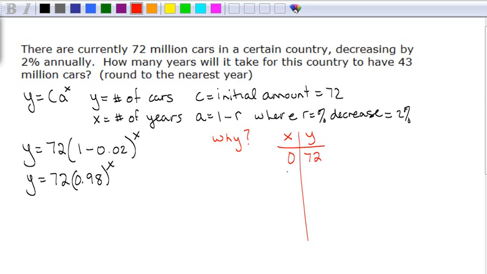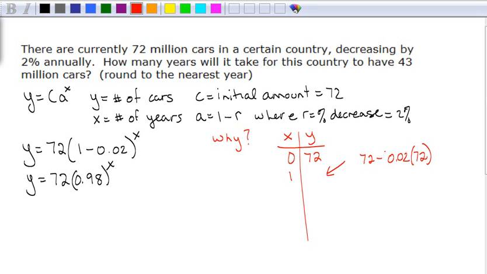So what happens 1 year later? It's going to be 0.02, that's the 2%, times the 72. That's how much it's decreasing. But it started with 72, so our new amount is going to be 72 minus 0.02 times 72.